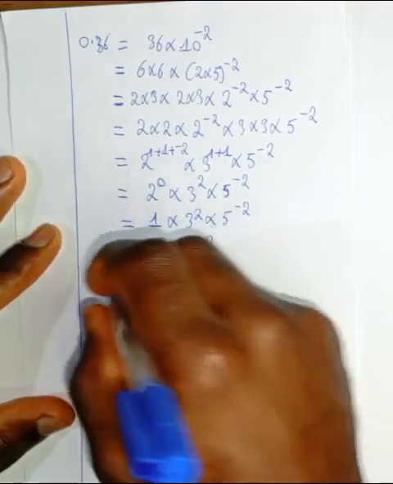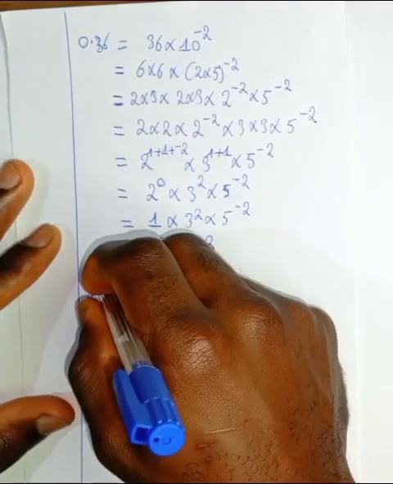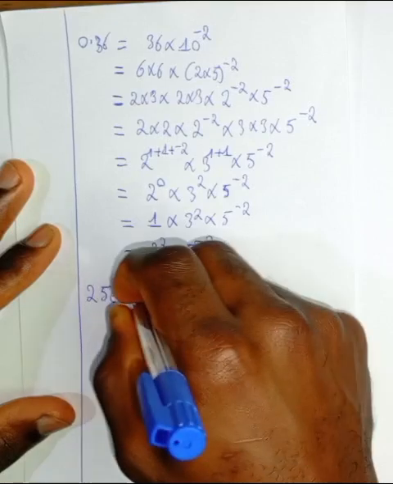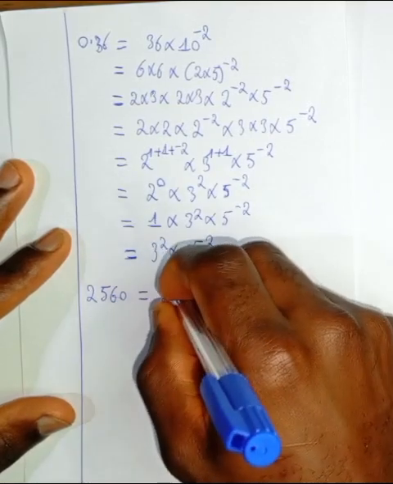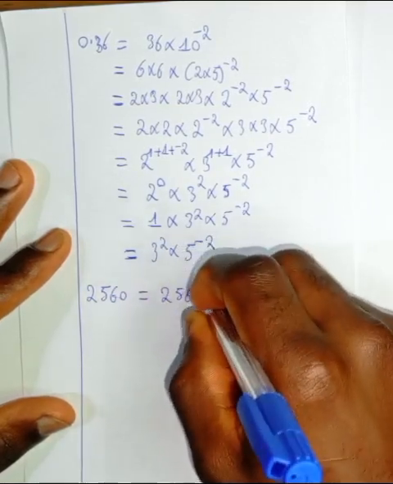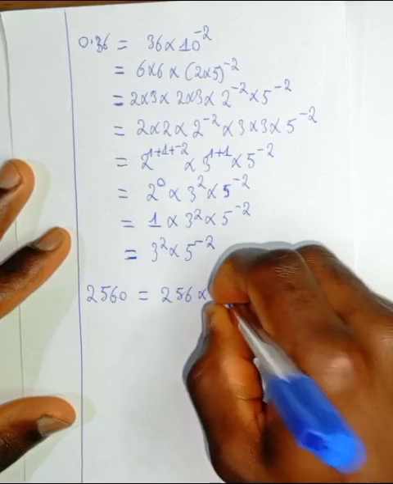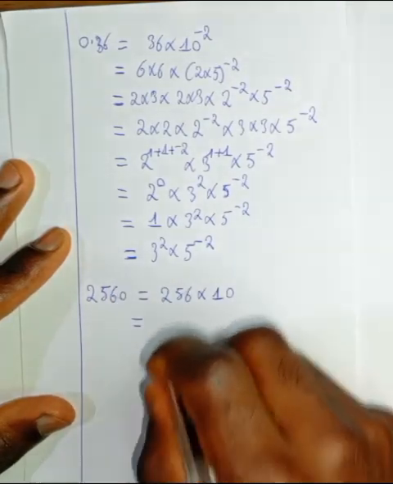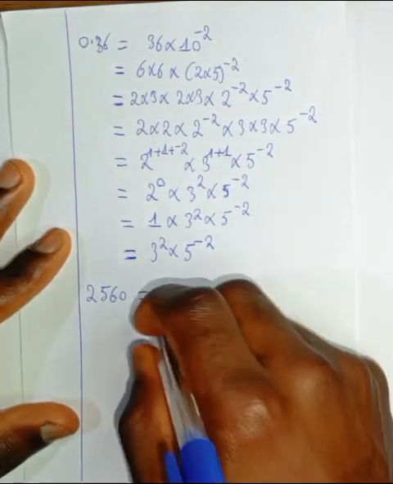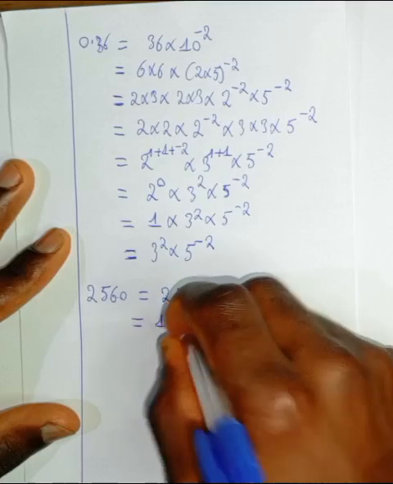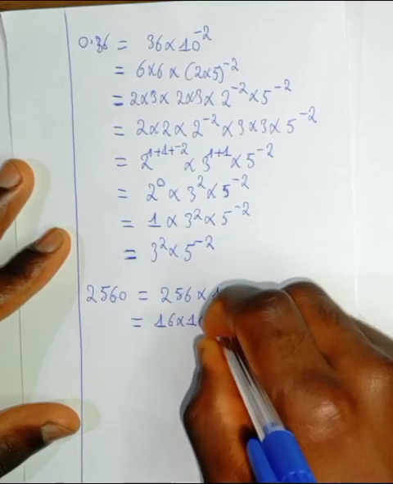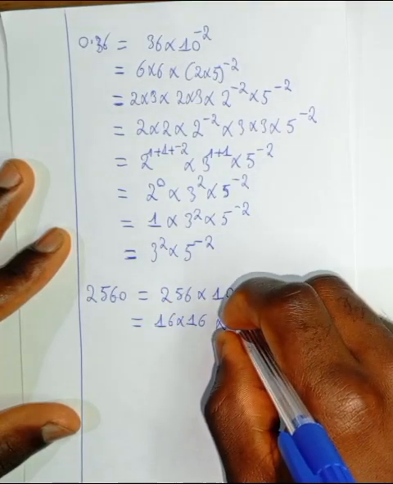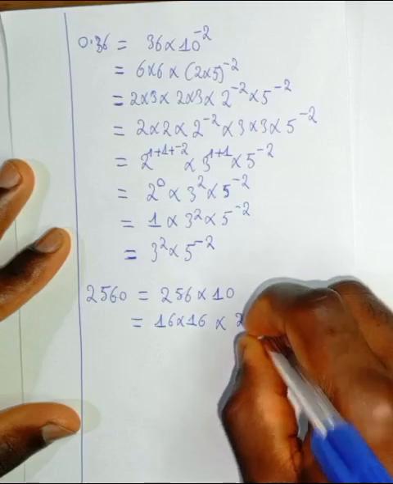We move now to the next number. We have 2560. We can express this as 256 times 10. We know this will simply be equal to, 256 is the same as 16 times 16 times 10. Here, the prime factorization of 10 is simply 2 times 5.